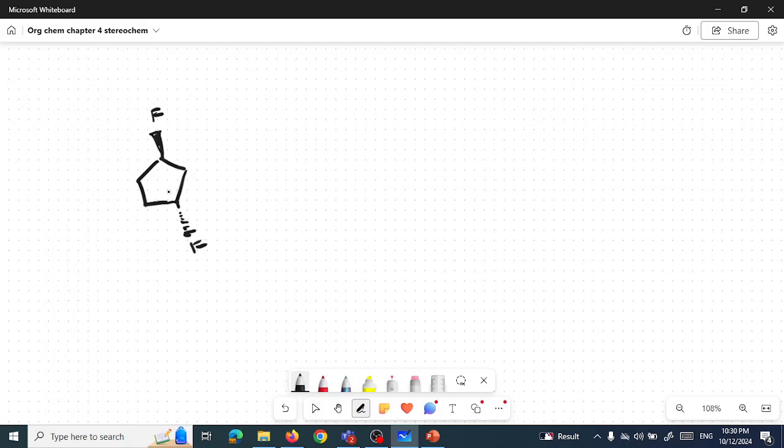So this will be showing you two substituents on the opposite side. So this is called trans. Now, with no change to the central ring, you can have two substituents pointing in the same direction, and this will be cis.